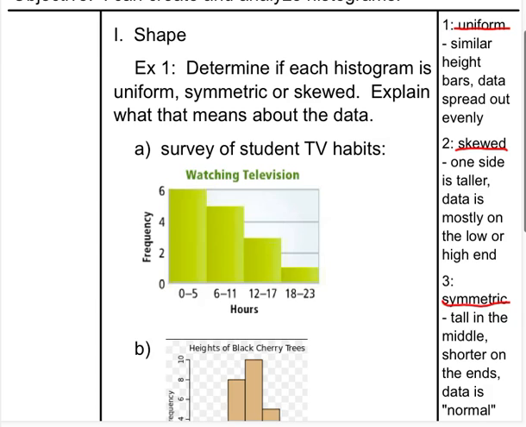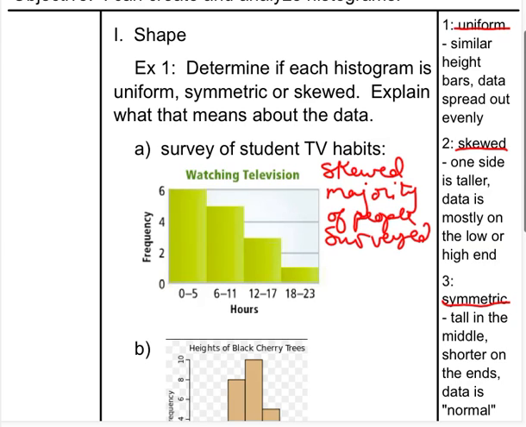So when we're looking at our first histogram, the survey of student TV habits, we have what's called a skewed data set. Because the data is really heavy, you can see the bars are tall on the left side of the histogram and they get shorter as you go off to the right. So what that tells us is the majority of people surveyed watch 0 to 11 hours of TV.